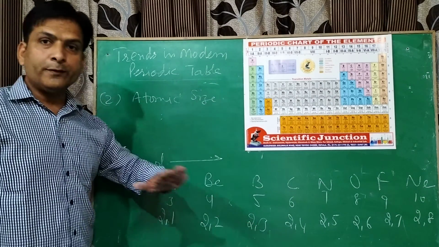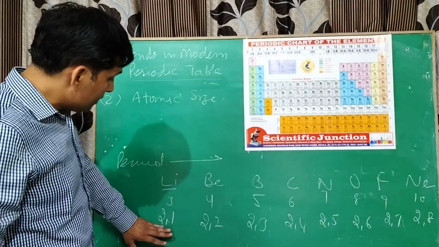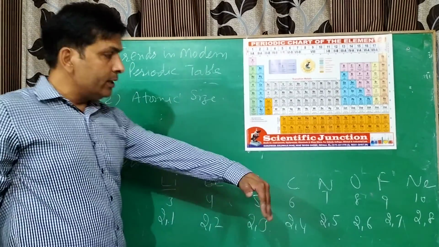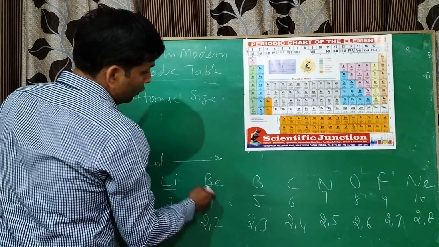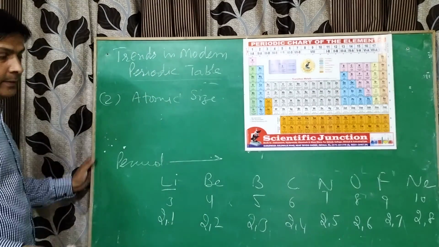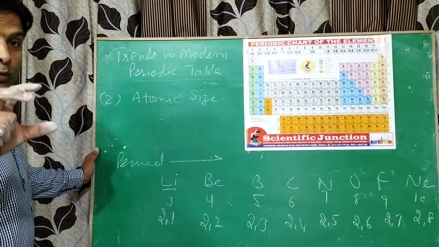If the electrons are different, the protons are also different. It means when we go from left to right in a period, there is an increase in the number of protons, but the shells remain the same. If the protons increase, there is more positive charge.